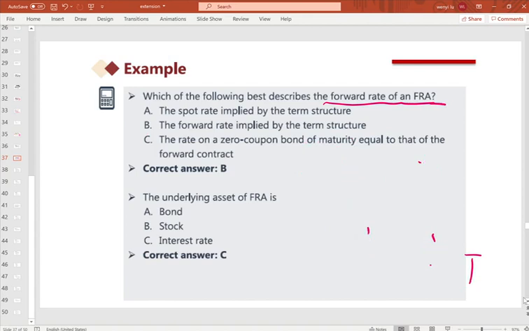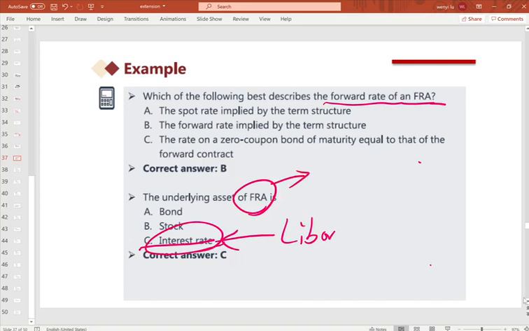The next one: the underlying asset of an FRA is the interest rate. And this interest rate is based on a reference rate, such as the level rate. So the purpose of an FRA is to reduce interest rate risk.